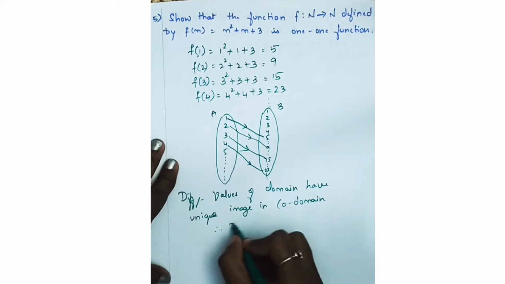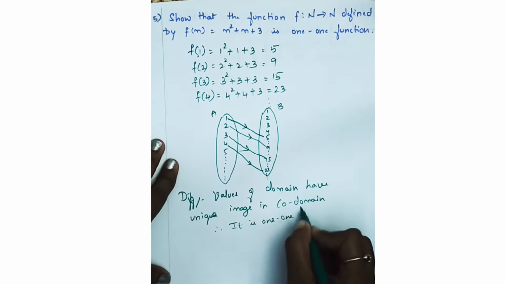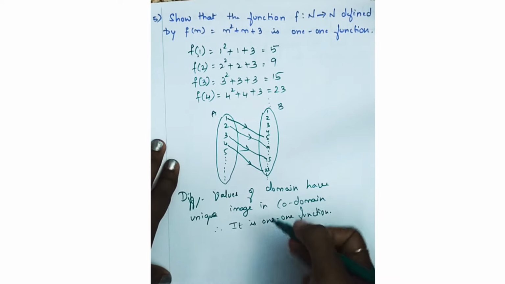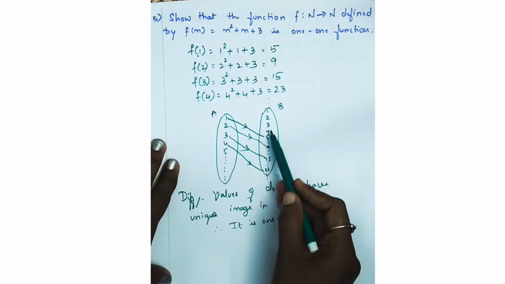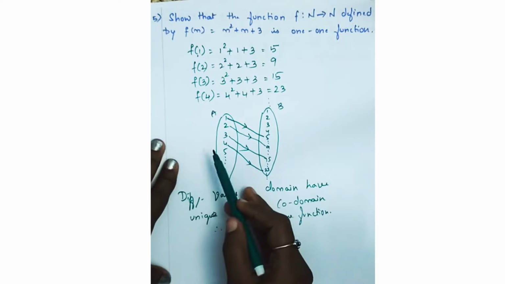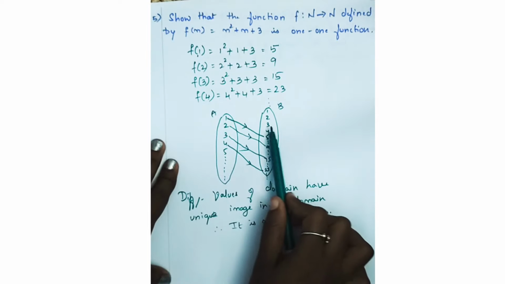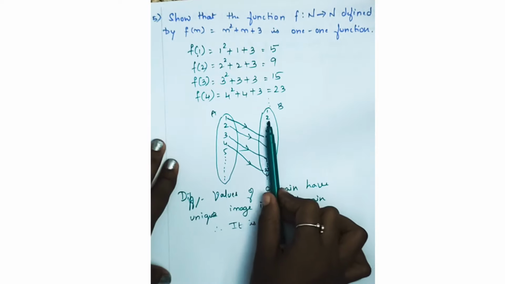Therefore it is a 1-1 function. Got it? But it's not onto. Why is it not onto? See, there are many leftover numbers that don't have any pre-images in the domain. So there are no pre-images in the domain for those codomain elements.